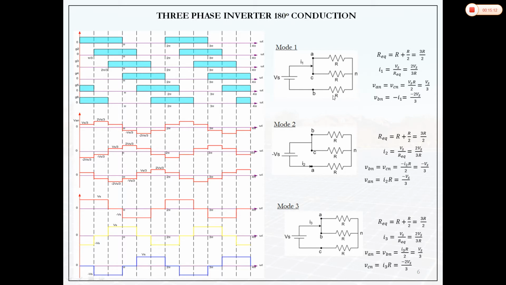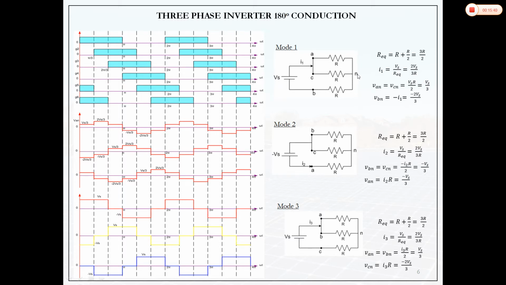Similarly, we can find VBN. The current in the other branches flows from left to right, and from right to left in this branch. But to find VBN you have to take the negative current, so that will be minus I1 into R. Minus I1 means minus 2Vs upon 3R times R, so you get minus 2Vs upon 3.